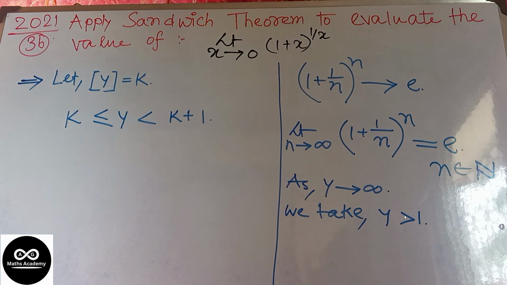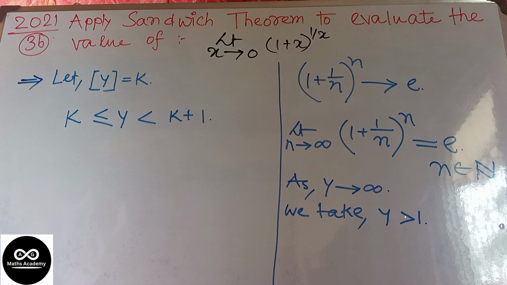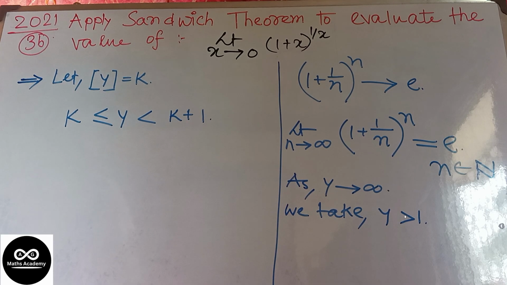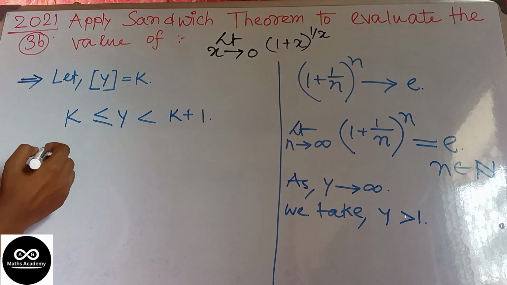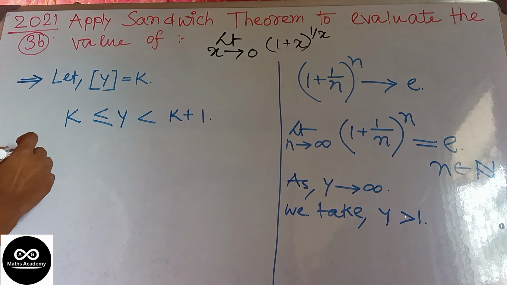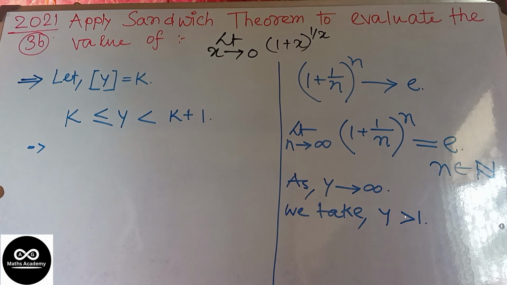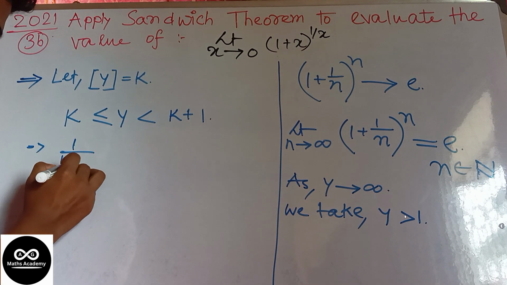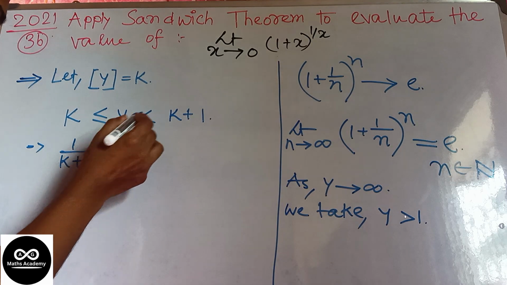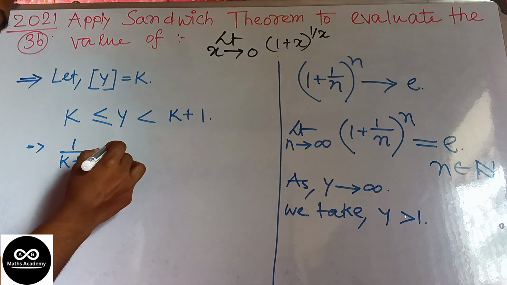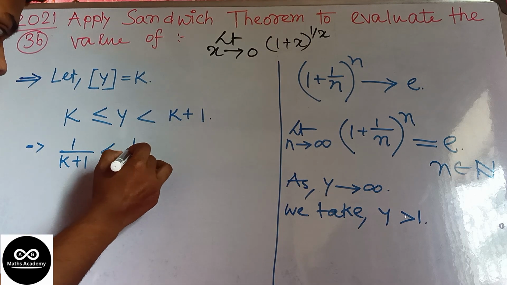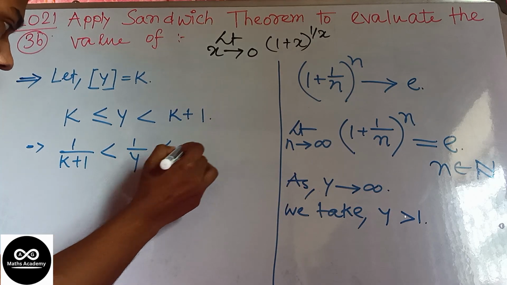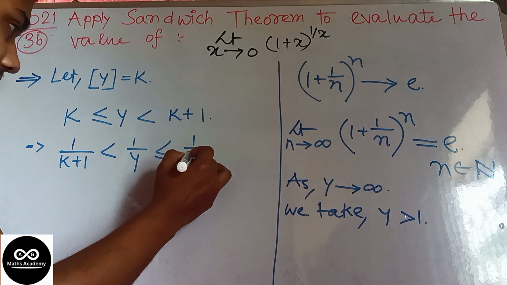Now from here we can write 1 by k plus 1 is less than 1 by y, which is less than or equal to 1 by k.